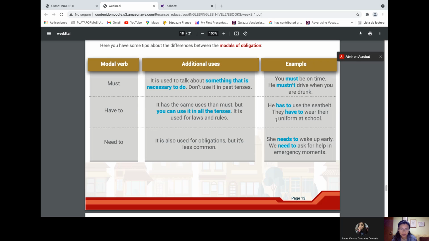She needs. Can you read the examples with needs, please? She needs to wake up early. Repeat. She needs to wake up early. Laura?